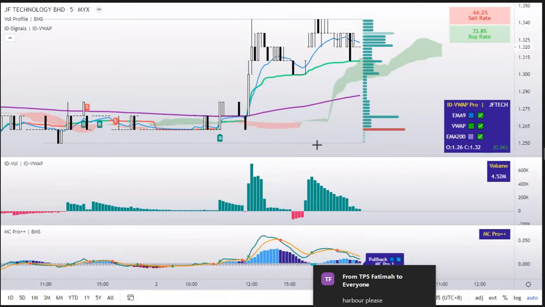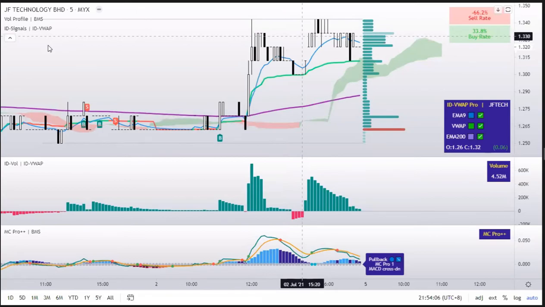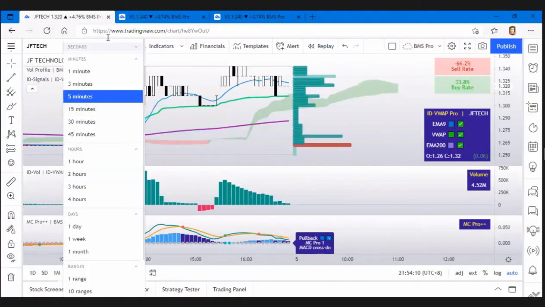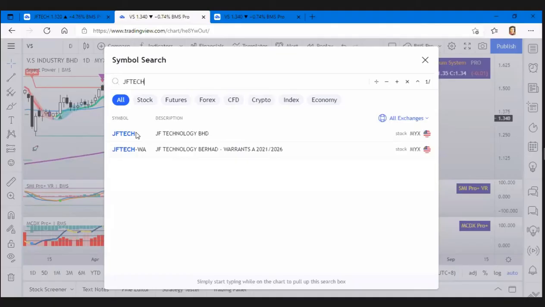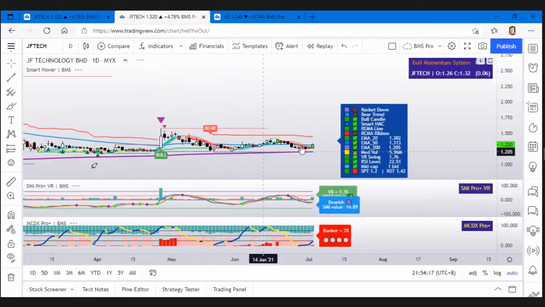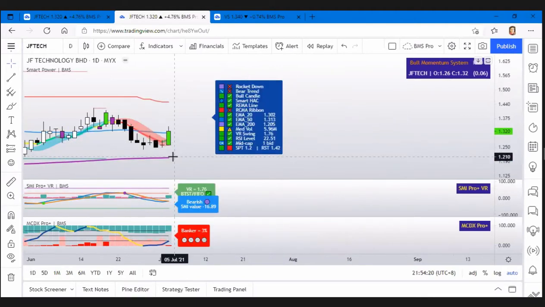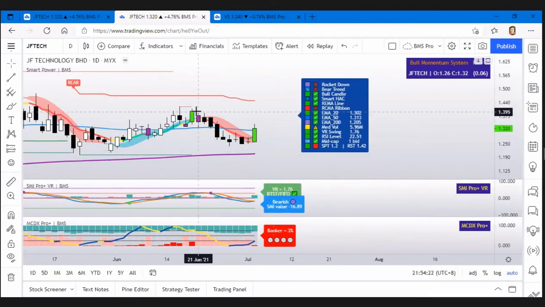Okay, hold on. What I can see here is JF Tech on a daily time frame. There's a green candle here. The price pulled back and made a green candle, so it's not overextended.